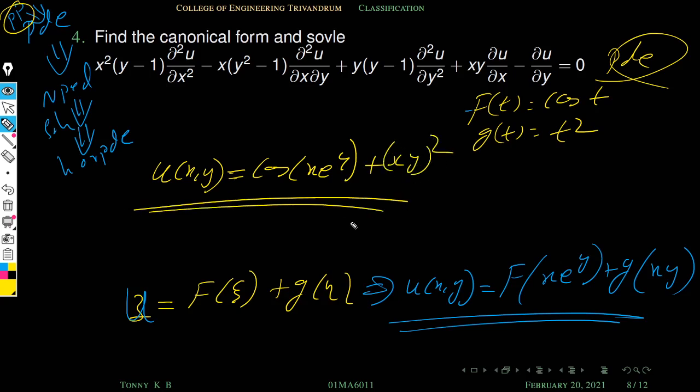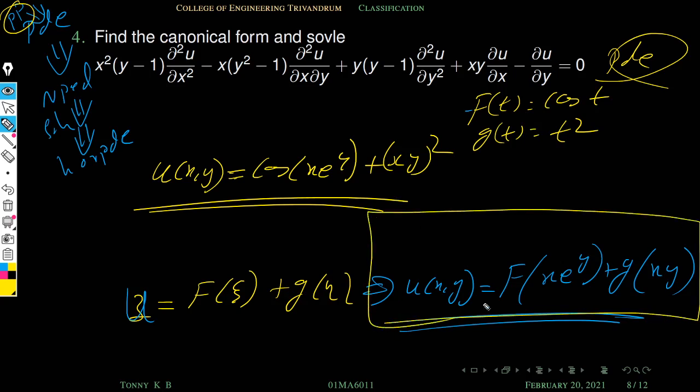Yes, exactly. This is the solution corresponding to this choice of arbitrary function. If you choose another arbitrary function, you get another solution. That's why this is not a single solution. This is infinitely many solutions. This is a family of solutions, because depending on the choice of functions, it gives a different solution.